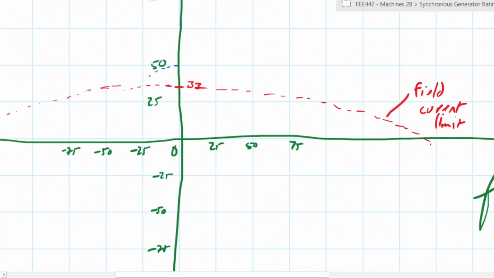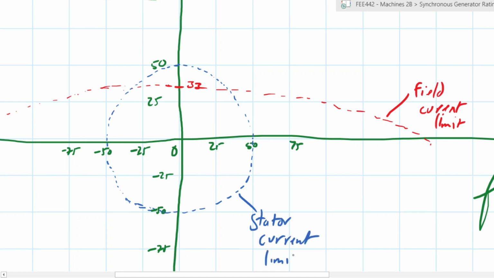So it will look something like that. Let's circle that. Okay, and this is our stator current limit, the IA limit, and the other one was the IF limit.